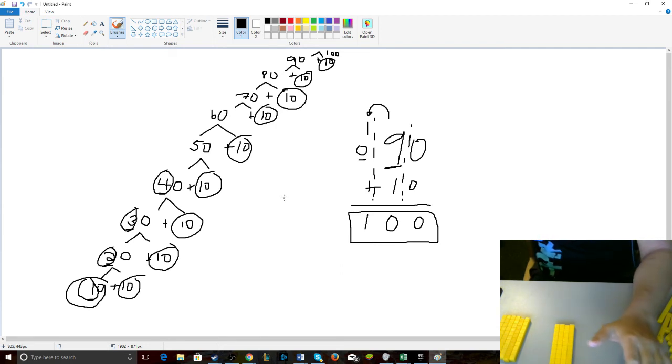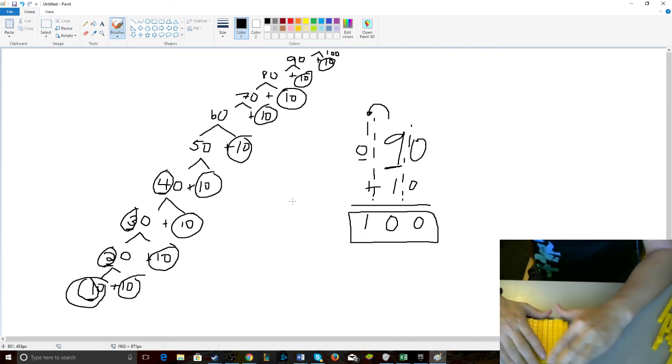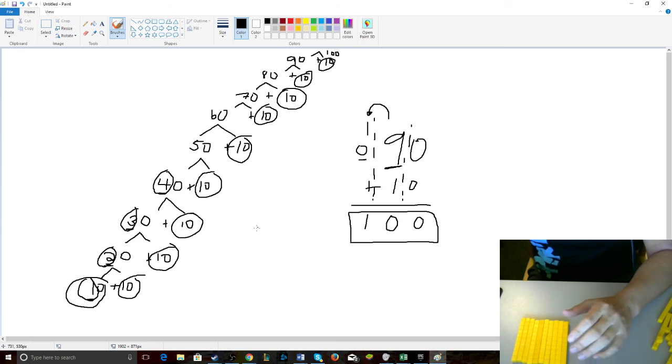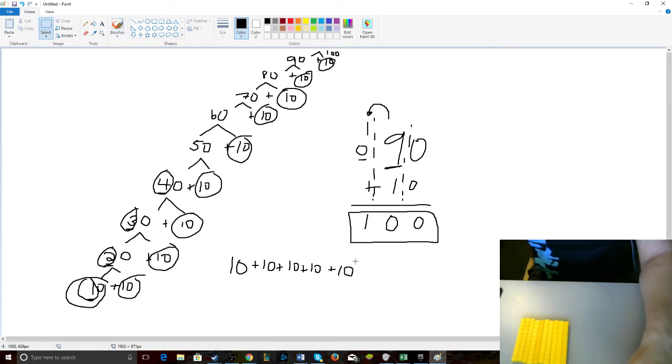So I'm going to be touching up on what this also means regarding multiplication in a multiplication table video, but just a teaser. So when we have 10 plus 10 plus 10 plus 10 plus 10, 10 times, this is the same as 10 times 10.